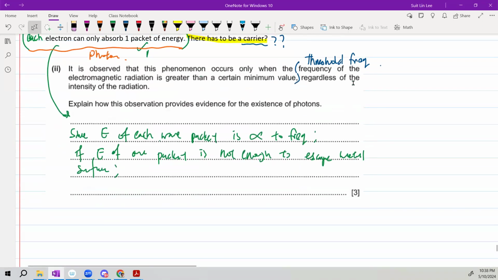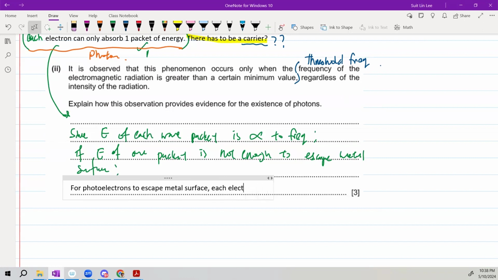So in short, if you want to write it properly, I guess you could say that for photoelectrons to escape the metal surface, each electron will absorb all the energy in a single packet known as the photon.